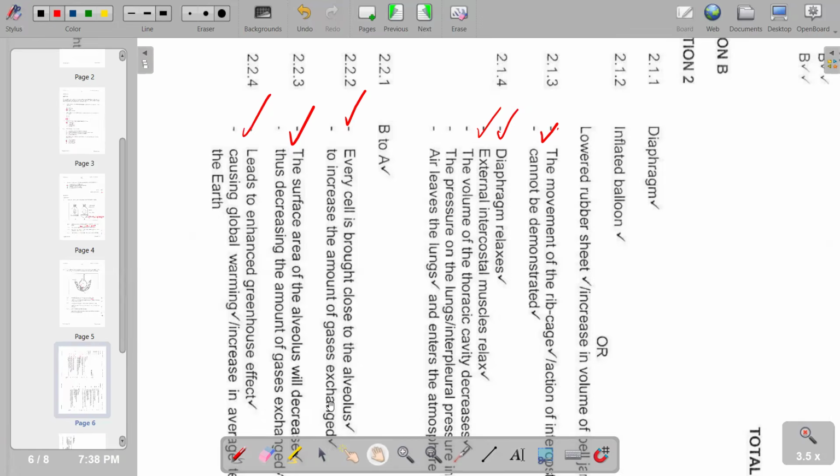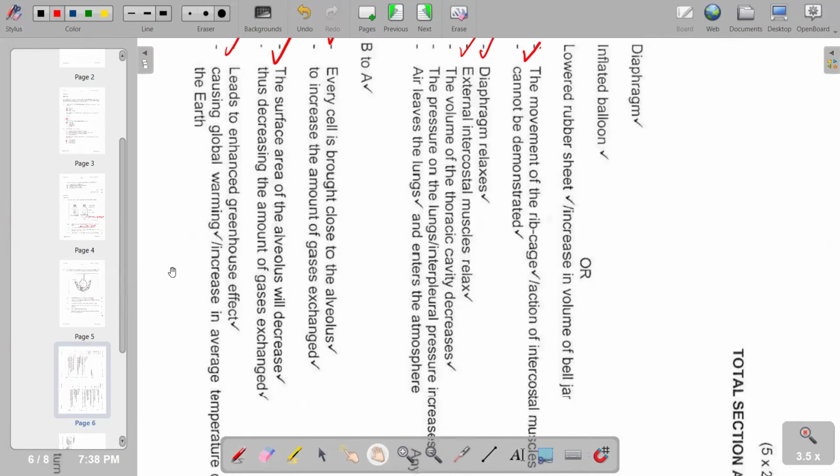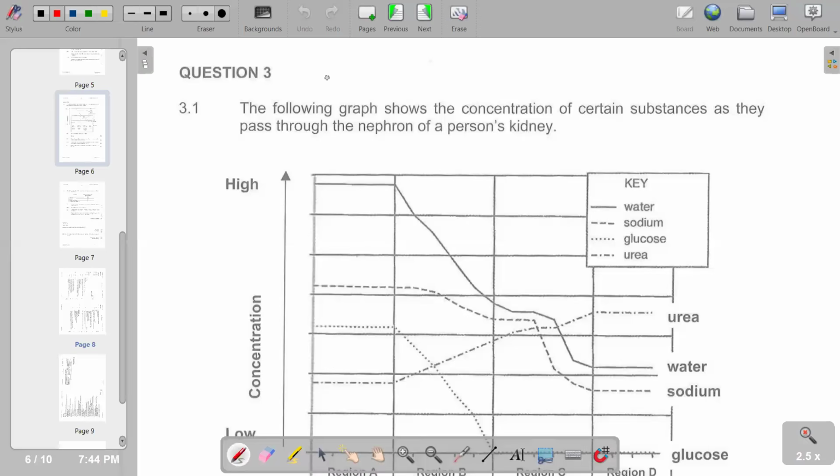So this is the explanation that we have on this part. So you'd see that this is the last question that we have on our question 2. And our question 2 has got a total of 15 marks. Moving on to our question 3.